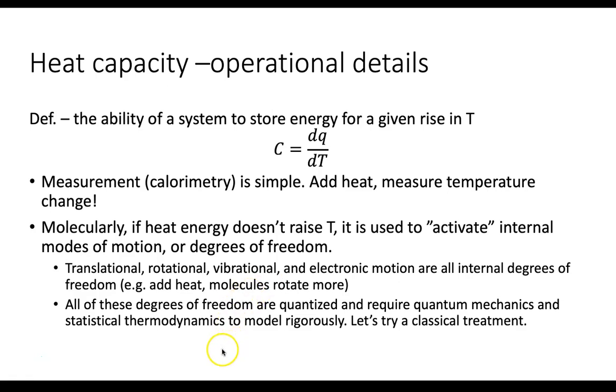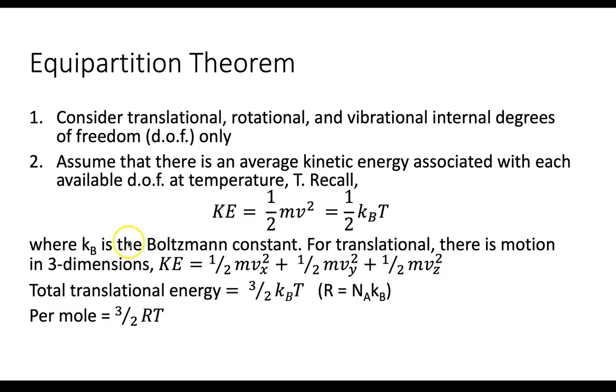In general, all of these degrees of freedom are quantized, with the exception of translation. So we would require quantum mechanics, and then fold that into statistical thermodynamics, to model rigorously. But we're going to come up with a classical treatment for heat capacity, and we're going to use the equipartition theorem.